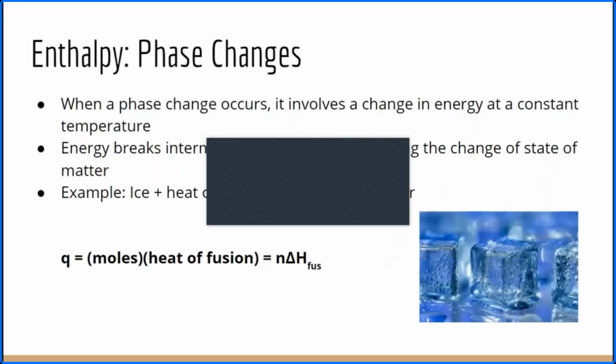So an example here is we have ice, and you add the heat of fusion, represented as delta H fusion, and that gives liquid water. And then we see here at the bottom, there's actually an equation for this, that the amount of energy required is equal to the moles times the value for the heat of fusion, or n delta H fusion.